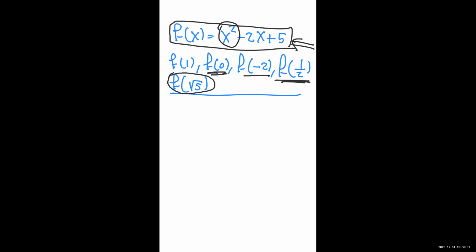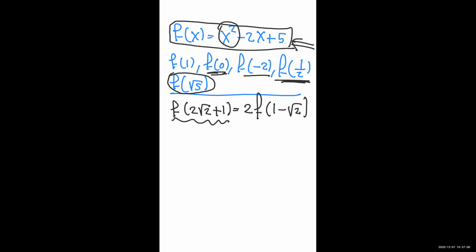Okay, now the second point: prove that f of 2 square root of 2 plus 1 equals 2 f of 1 minus the square root of 2. Okay, it's very easy. First, I have to get f of 2 square root of 2 plus 1. This one I mean.